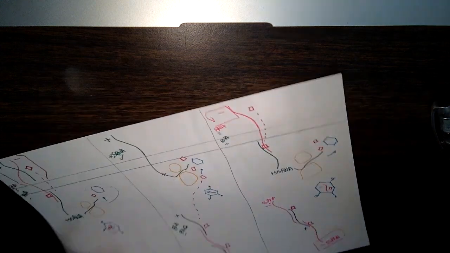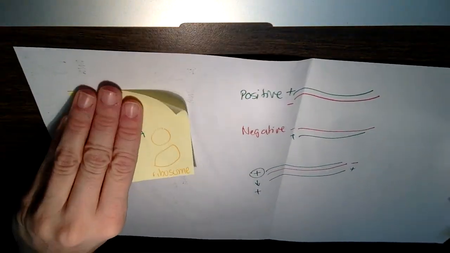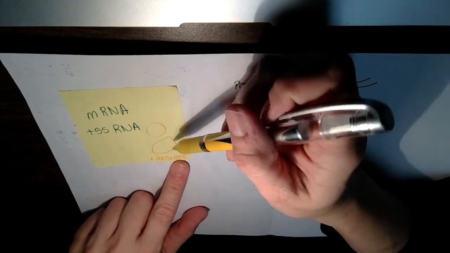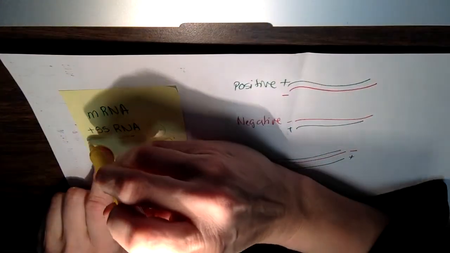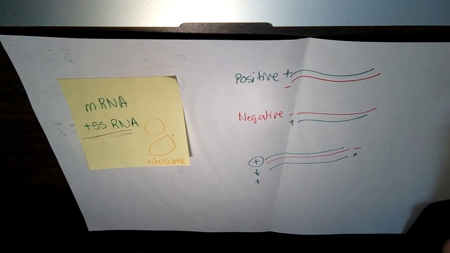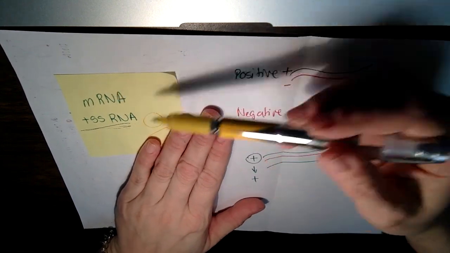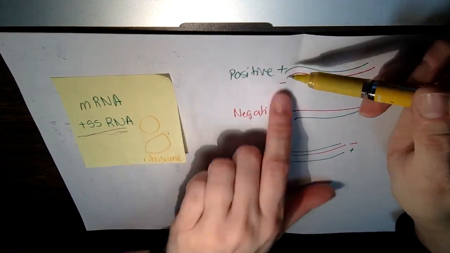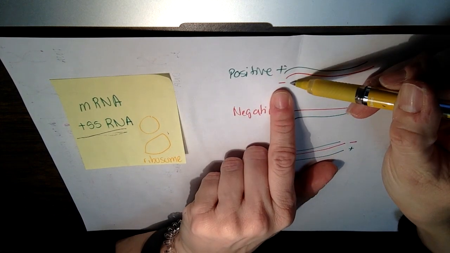If it still doesn't make sense to you, just go back to the 3 rules. Rule number 1: in order to go to the ribosome of the host, it needs to be in this form. Rule number 2: when we convert things, if we have a positive strand, it can only make a negative strand.